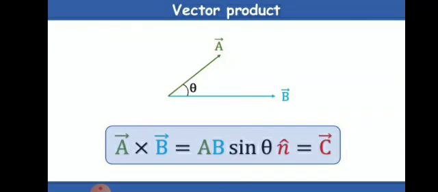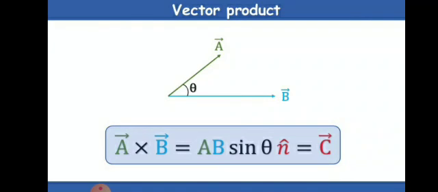The direction of n cap is perpendicular to the plane containing vector A and vector B. So the cross product is defined by the sine of the angle between them, whereas the dot product is represented by the cosine of the angle between them.